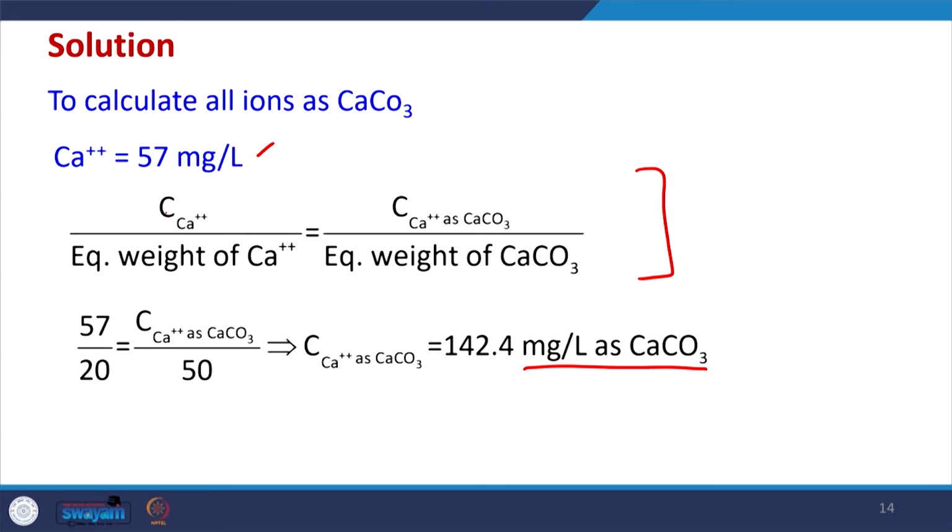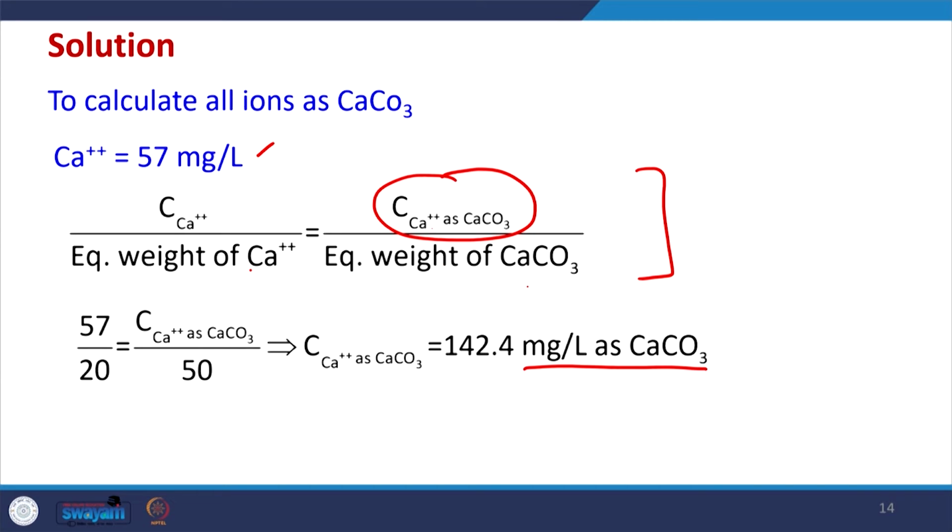Here the concentration of calcium and the equivalent weight of calcium are used, along with the equivalent weight of CaCO3, because we want the concentration to be converted as CaCO3.